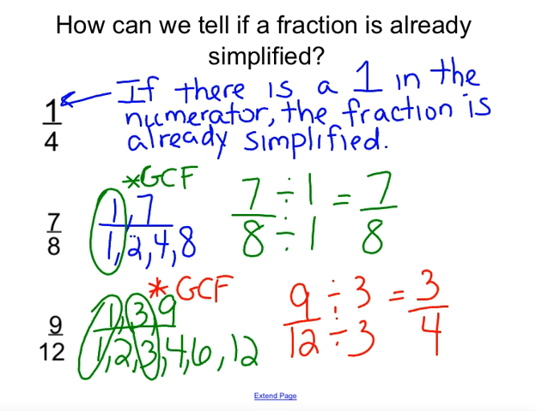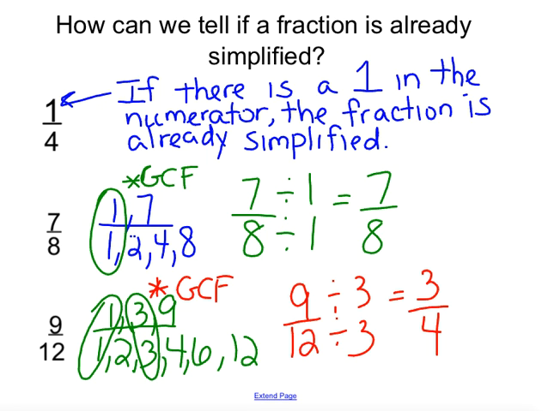So you really need to look at a fraction and be able to determine if it's already simplified. So let's recap. If there's a 1 in the numerator, that fraction is already simplified. 1/4, 1/3, 1/6, 1/8, 1/10, 1/12. Those are already simplified. Okay?